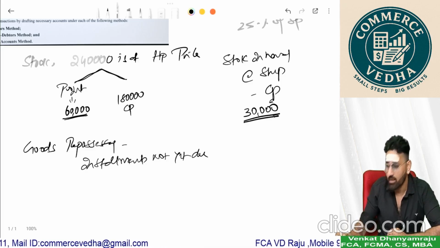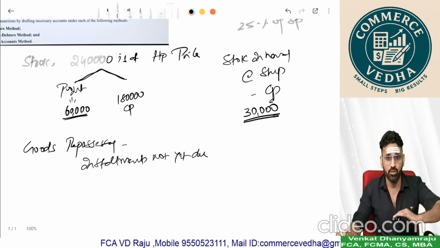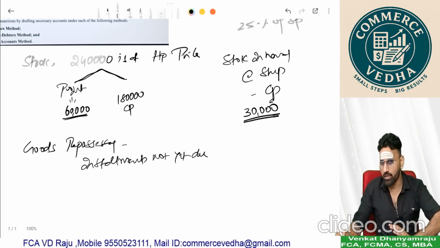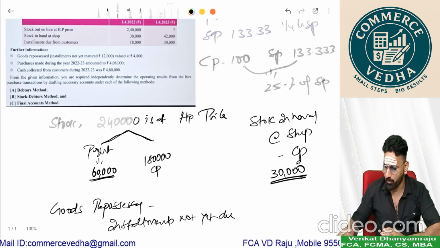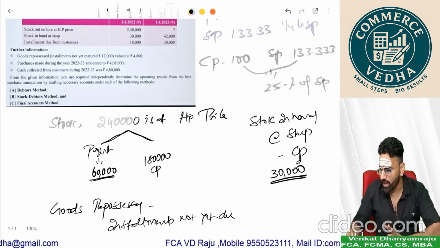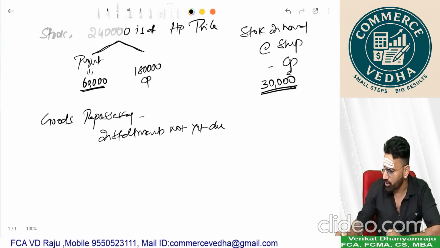It means the sale happened, but the installments are not due in the current year. They'll be due in the next year. So it is to be treated as stock only. Now, goods repossessed, installments not yet due, not yet matured, is nothing but 12,000.